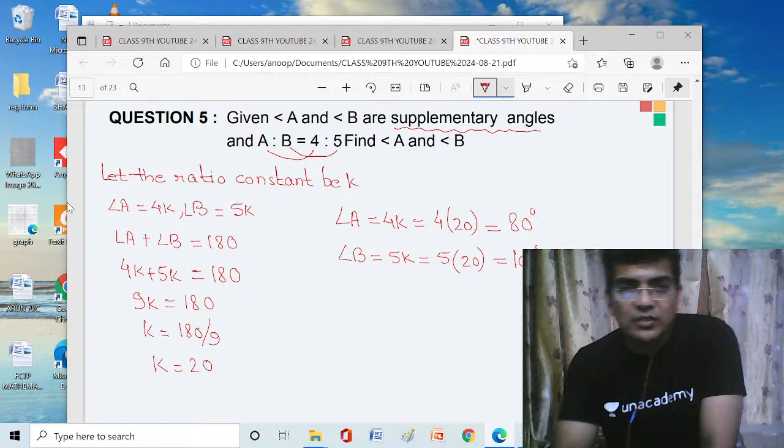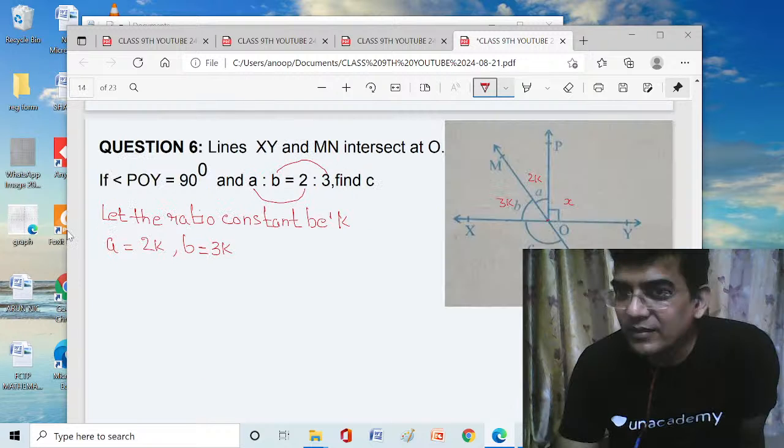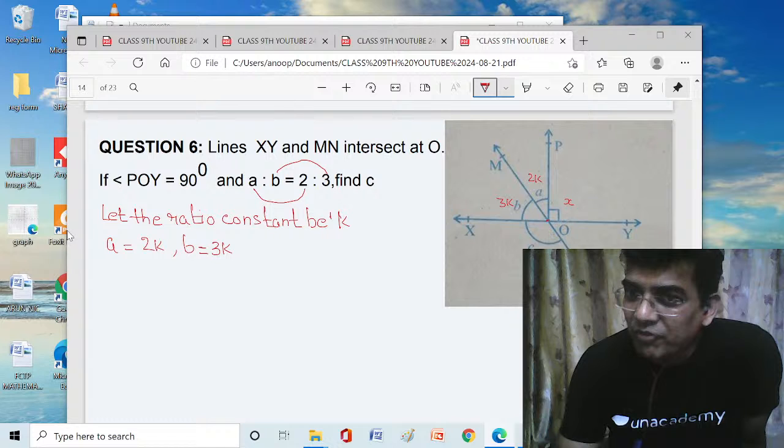See here. So we can say that the sum of these angles will be equal to 180, because whenever a pair of angles or more than two angles form a straight line like this, their sum is 180.